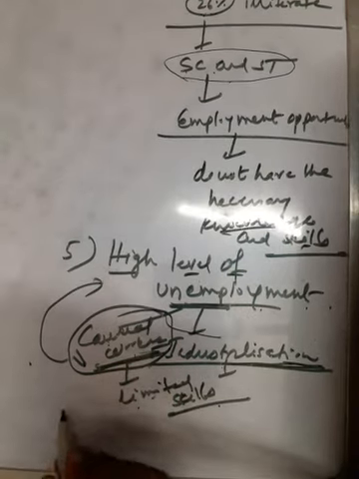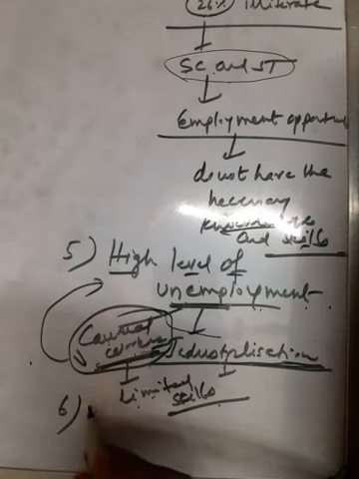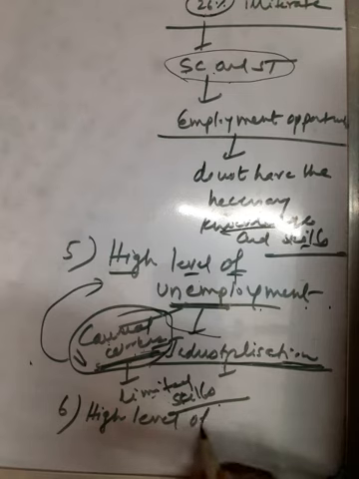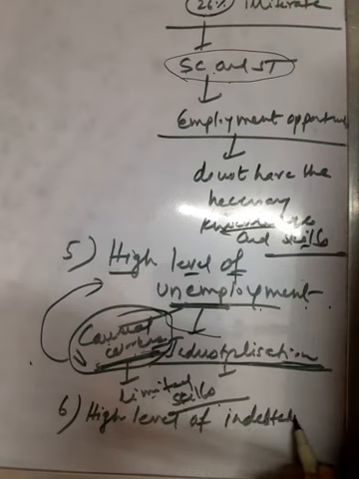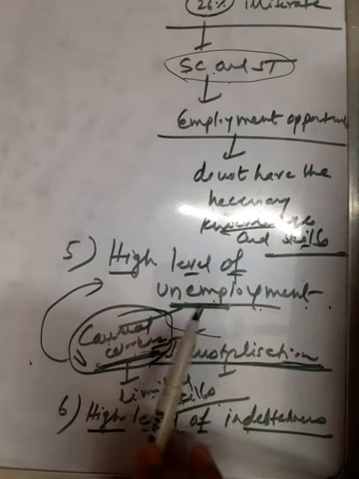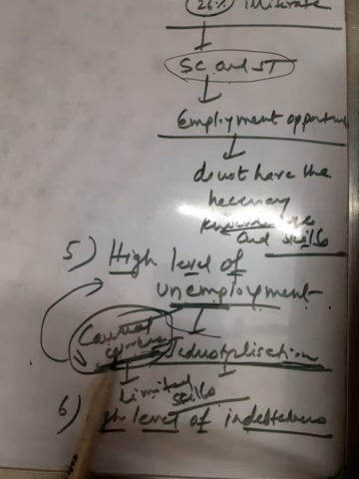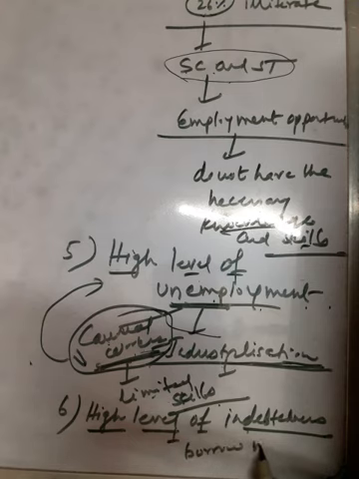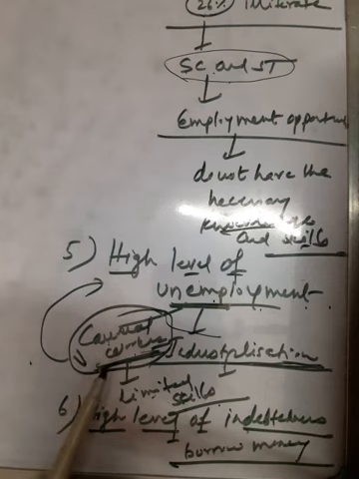Next, which is also very common especially in rural areas, is high level of indebtedness. Unemployment or underemployment and the casual nature of work compel people to borrow money, because casual workers do not have job security.